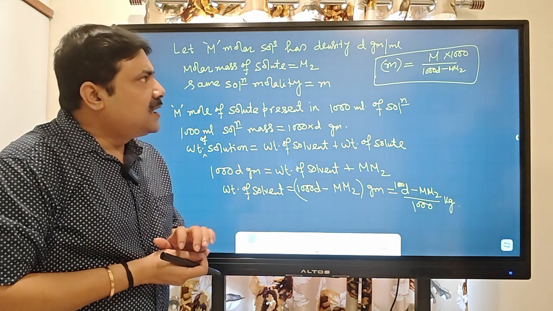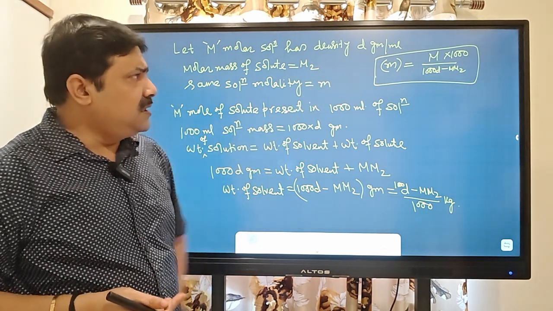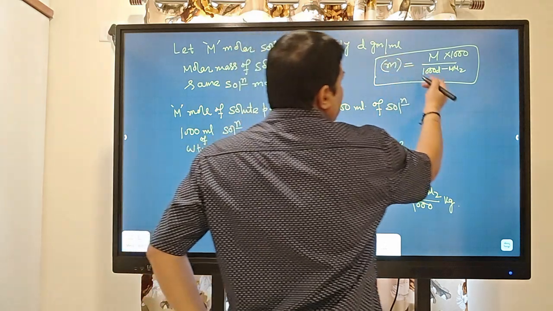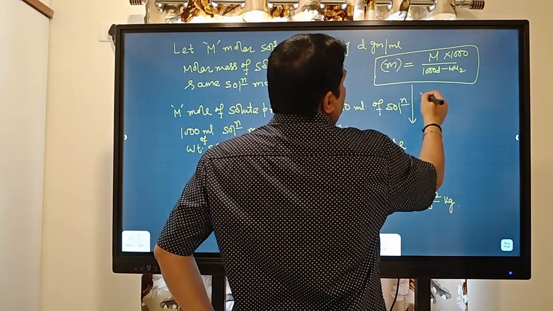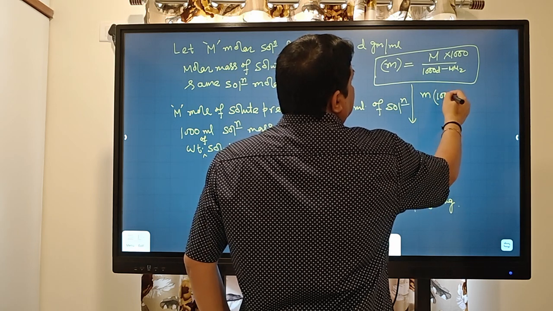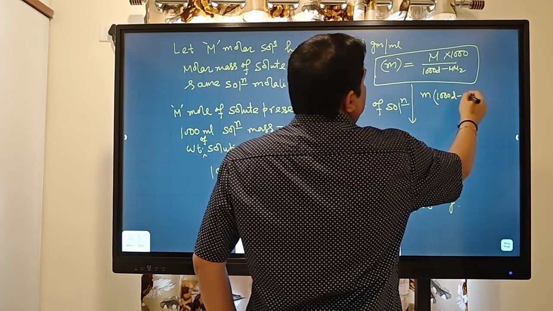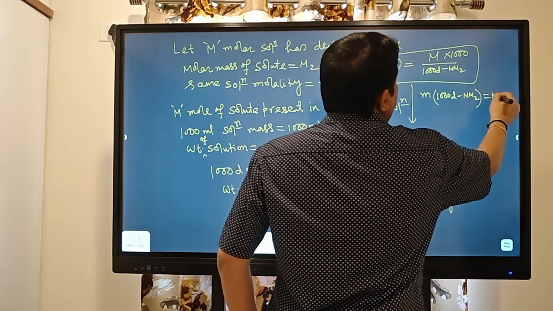So we calculated all those things. If you want to do simplification, you can do it like this. Suppose you multiplied this part with this: m into (1000 d minus m M2) equals m into 1000.